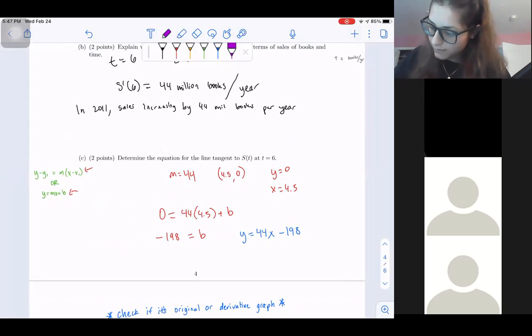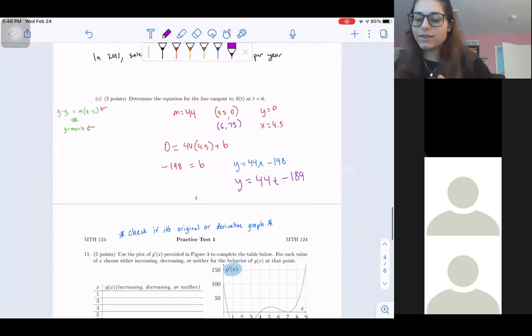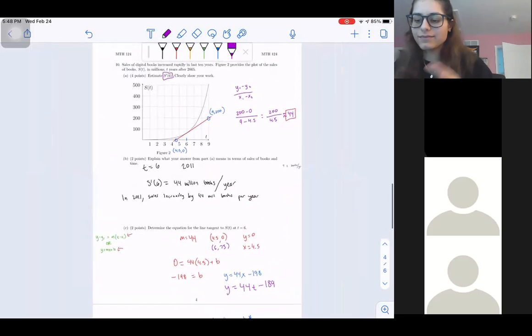So when they used 6, 75, they got y equals 44t minus 189. Like we were talking about earlier, there's a lot of wiggle room here, depending on the point you use, depending on the slope you get. So just do your best, it should be okay. All right, any questions about this page?